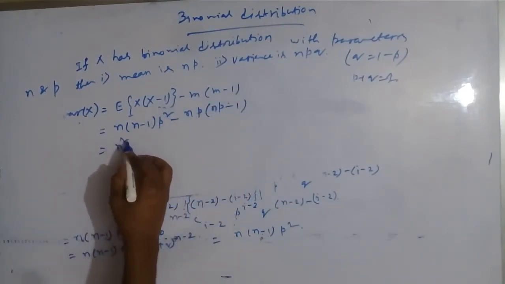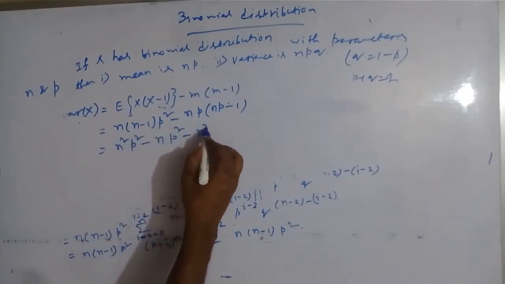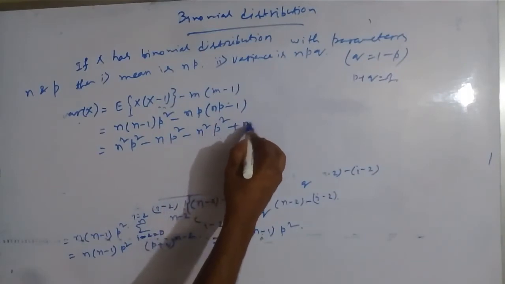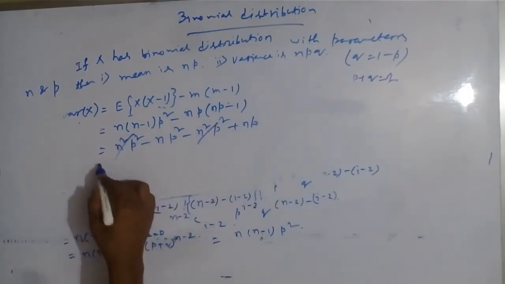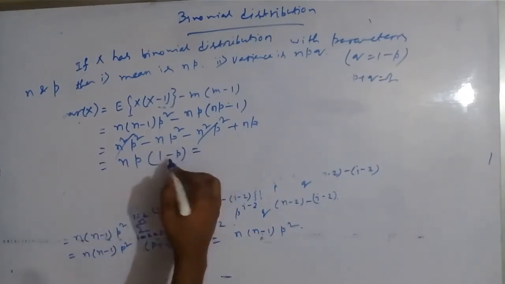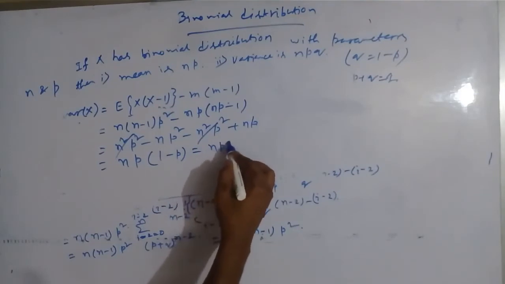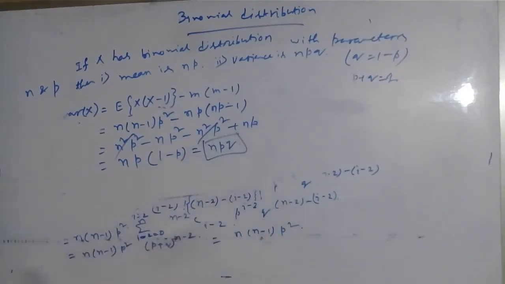So this will be n square p square minus np square minus n square p square plus np. So n square p square is cancelled out, and the remaining part is np into 1 minus p, where 1 minus p can be written as q. So this is our variance.